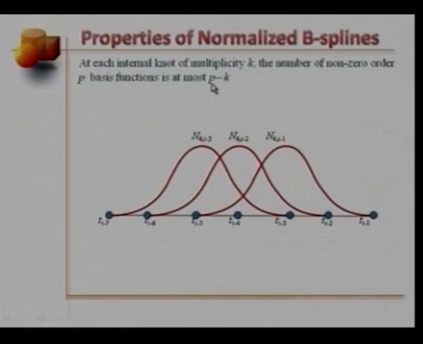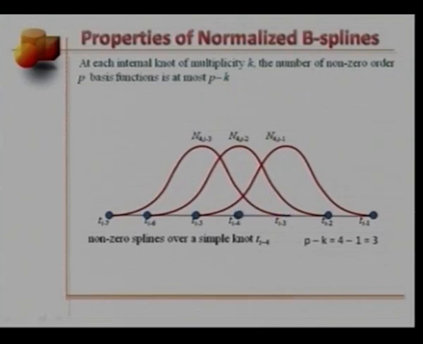Here P equals 4 in our case. If you realize, for Ti minus 4 to be a simple knot, the number of non-zero splines over this knot is equal to P minus K, which is 4 minus 1, which is 3: N4 I minus 1, N4 I minus 2, and N4 I minus 3.